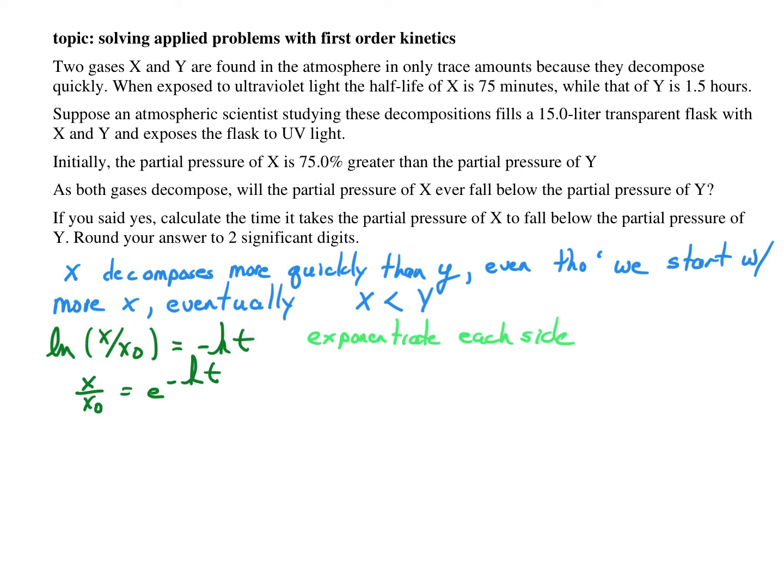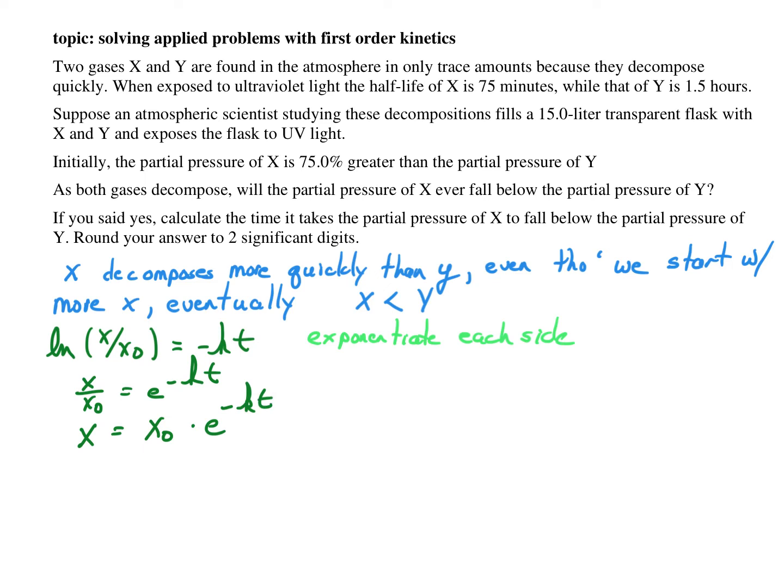We can therefore find the amount of x left at any time later as x0, the initial amount of x, multiplied by e raised to the minus kt.